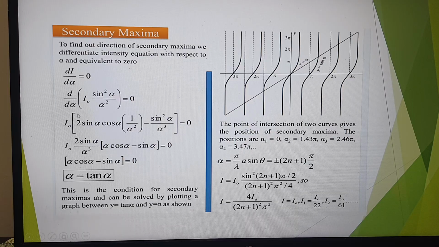Then we can simplify the equation. I naught into 2 sin alpha cos alpha into 1 by alpha square minus 2 sin square alpha by alpha cube equal to 0. This is the derivative formula from the differential equations. Then taking the common terms, that is I naught 2 sin alpha by alpha cube, alpha cos alpha minus sin alpha equal to 0.